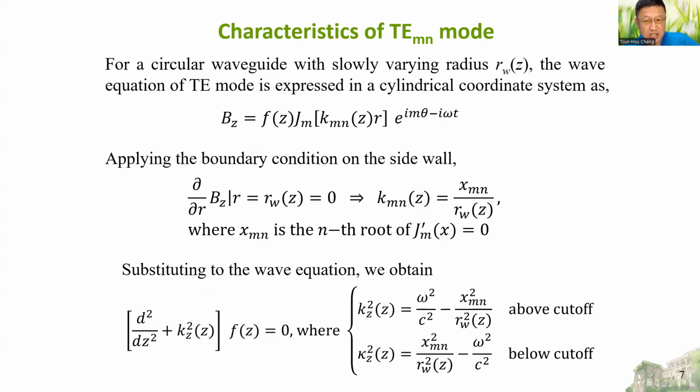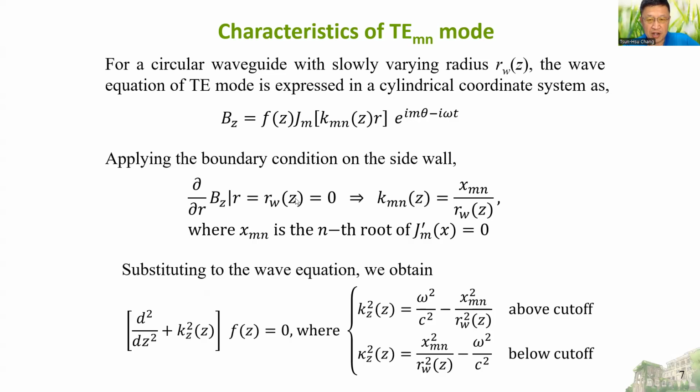Or the tangential component of the electric field, that will be Ez, will be 0. Okay, on the side wall, you can use either one. Either one is okay with us. So with this one, we get a boundary condition on the side wall.